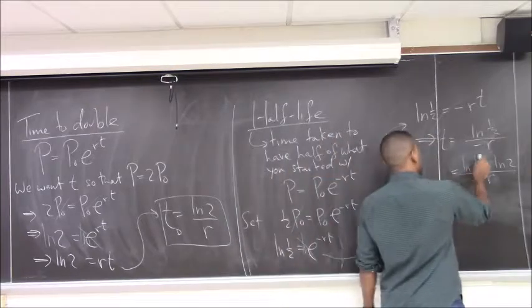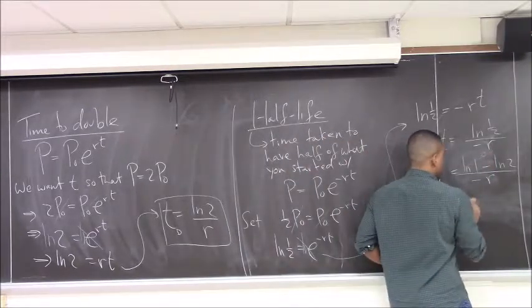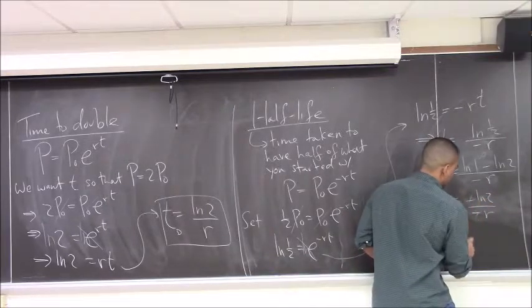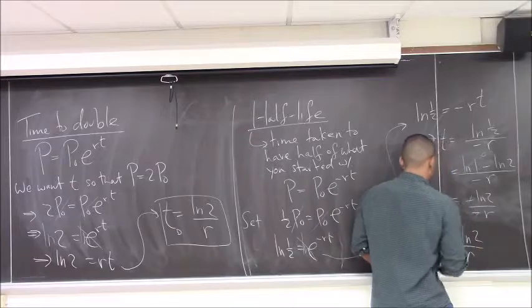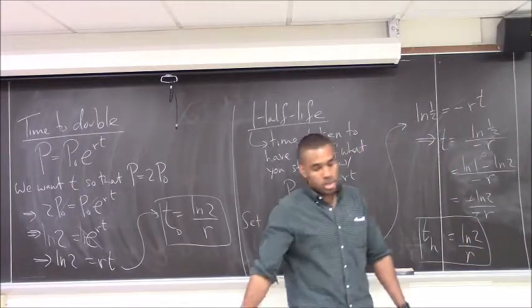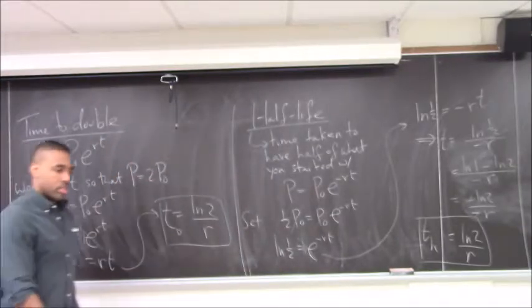Log of 1 is always 0, no matter what the base. So this becomes -ln2 over -r. The negatives cancel, so you get ln2 over r. So it turns out the half-life is ln2 over r, and the time to double is ln2 over r.